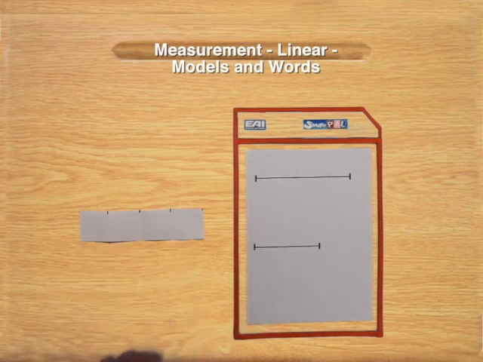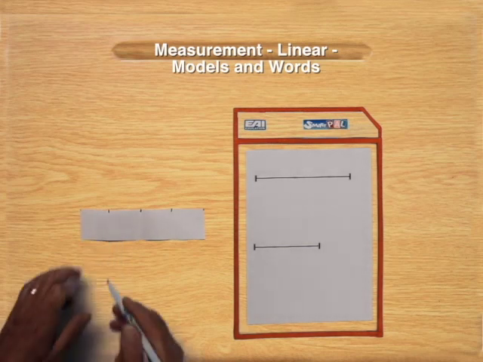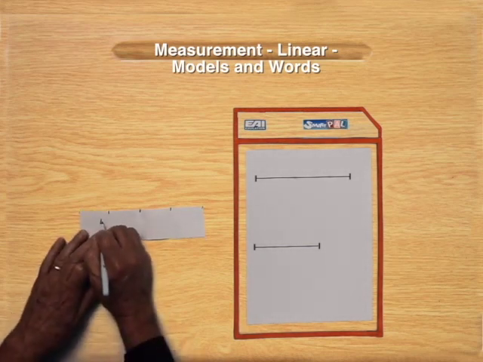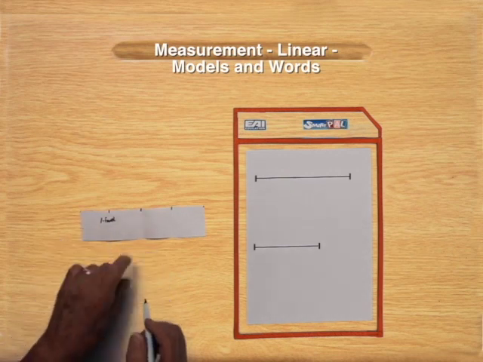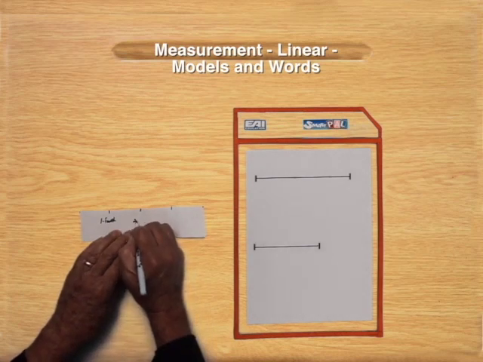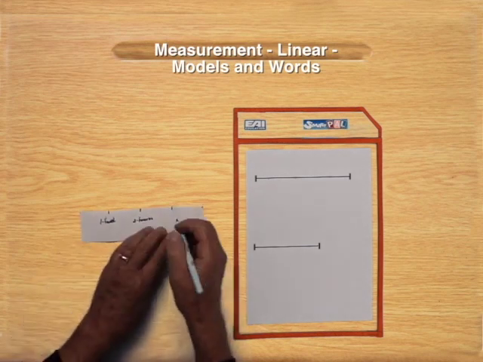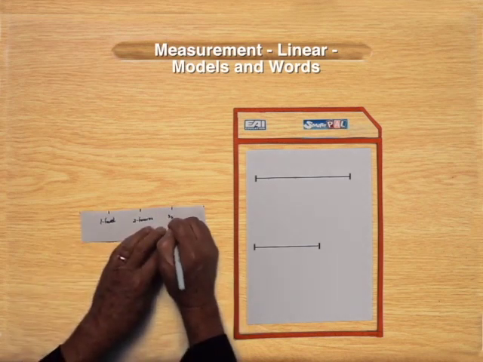Now since we have 4 equal parts, we know the first part is going to be 1/4. From here to here is going to be 2/4. And from here to here is going to be 3/4.